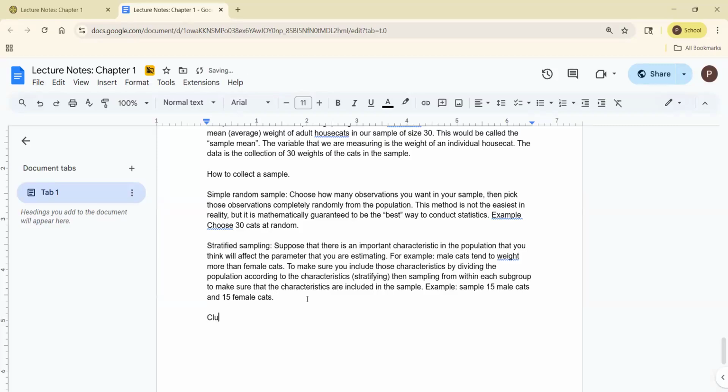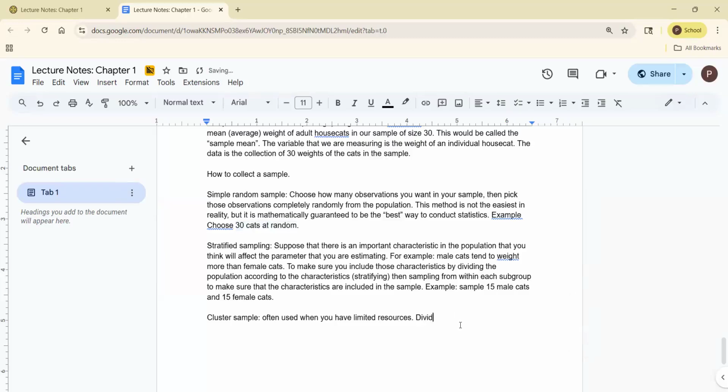Another way to sample is called cluster sampling, a cluster sample. This method is used often when you have limited resources. So for example, Salem is a pretty big city, and if you're going to randomly choose 30 cats, you might end up driving all over the city.